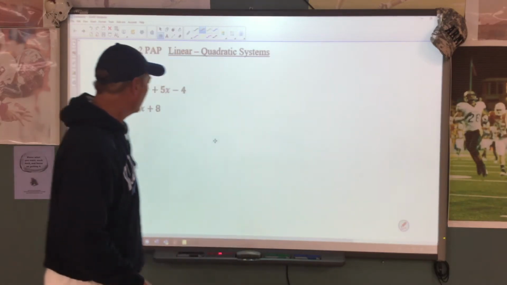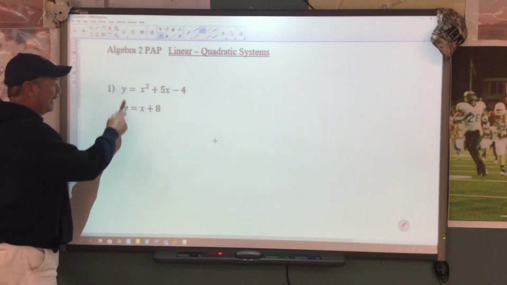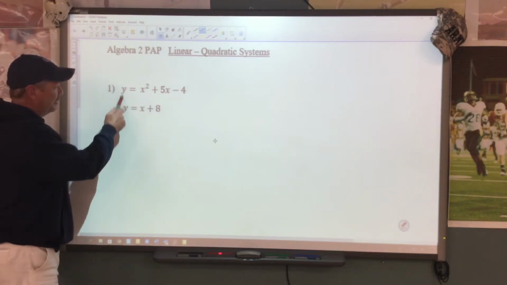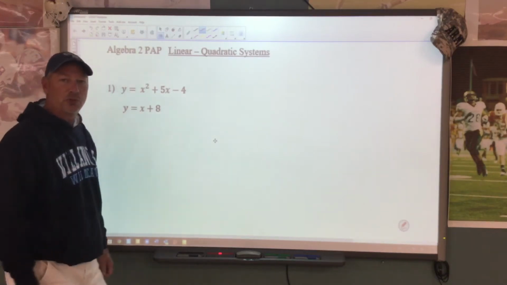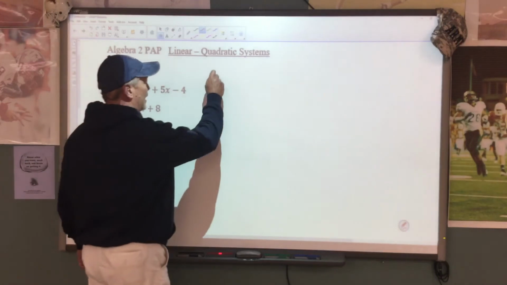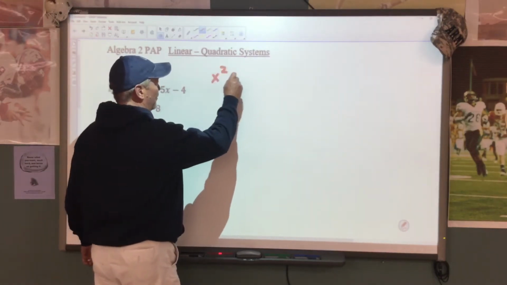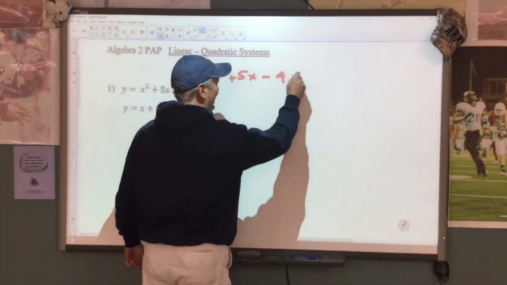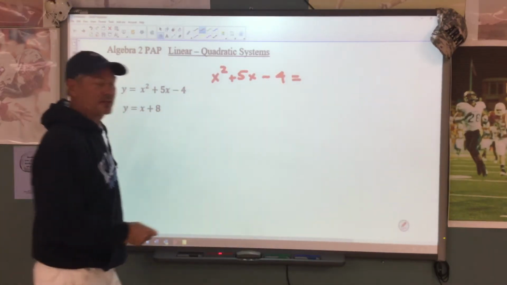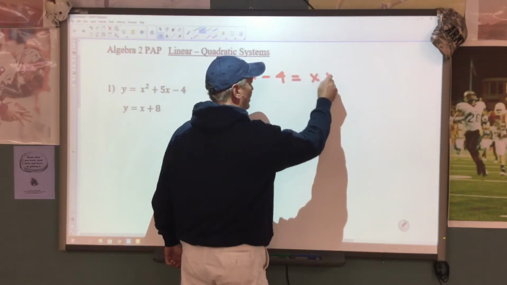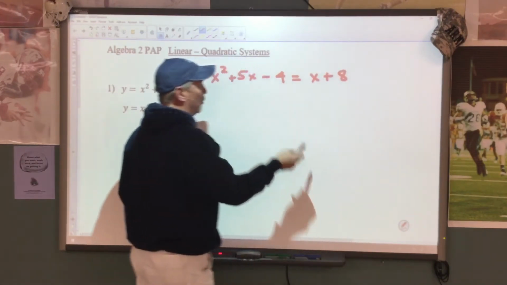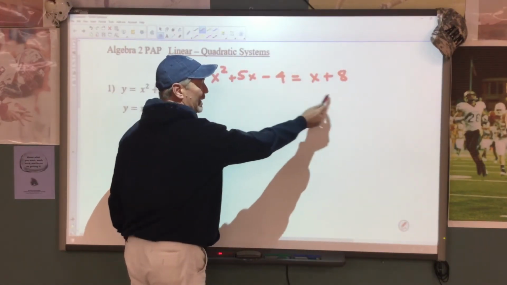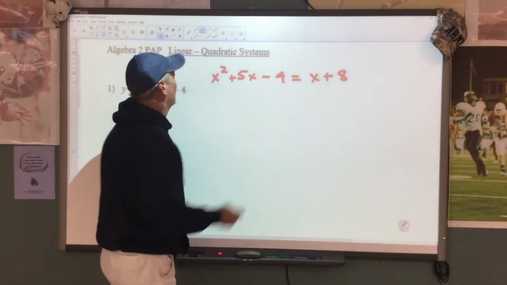Number one, these are both equal to y. This is what allows us to set them equal to each other. So we're going to say that x squared plus 5x minus 4 equals x plus 8. We're going to move this to the other side and get a 0 so we can factor.